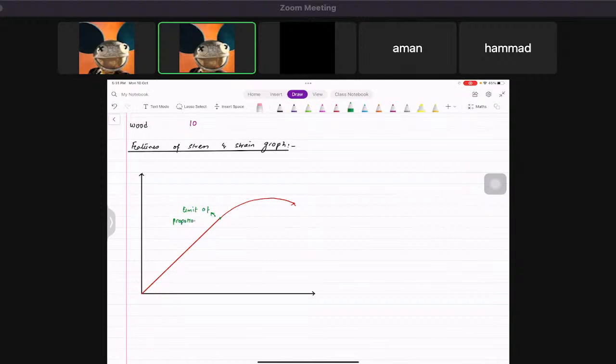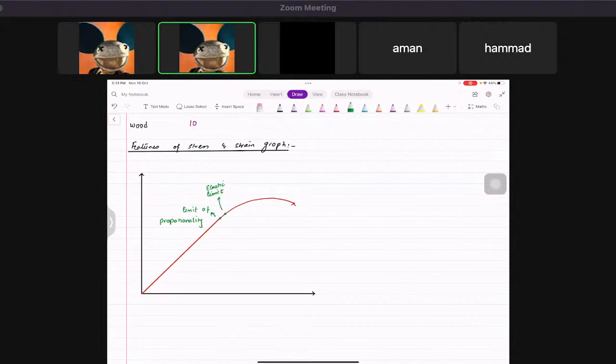You guys already know what that is. If you've forgotten, the limit of proportionality is the point beyond which Hooke's law is not followed. Then next comes another point really close by, which is called the elastic limit. Elastic limit is the point beyond which, if the material goes, it doesn't return to the same shape again.